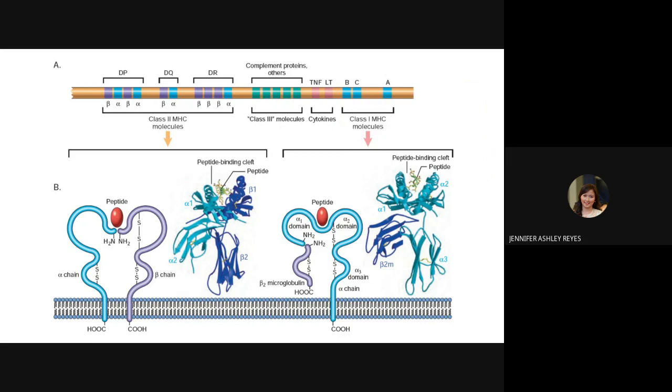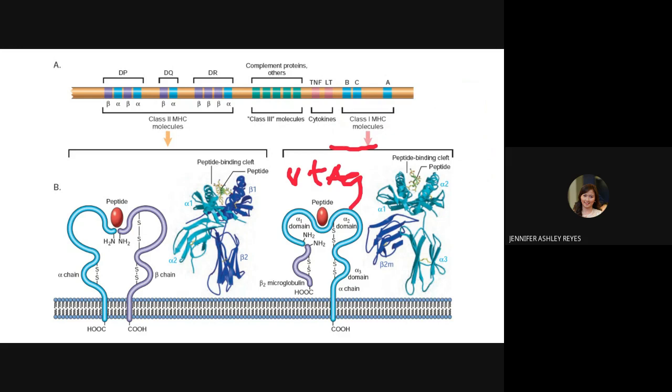That's why our class 1 alleles can bind different peptides. So si class 1, they can display peptides that are derived from proteins like virus, tumor antigens that are located in the cytoplasm and are usually produced in the cell.